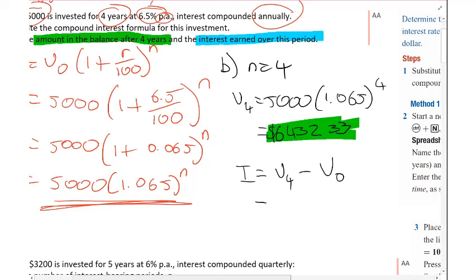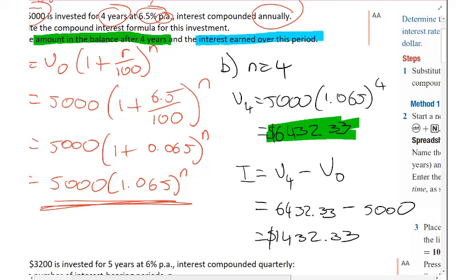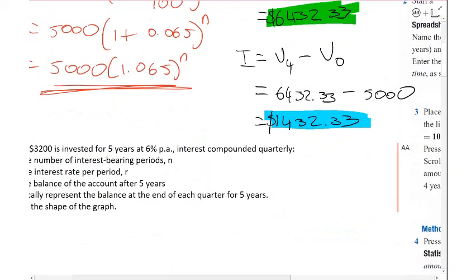And that's my V0. So I've got 6,432.33 minus 5,000. And I'm left with $1,432.33. So that's your answer for the second part. The first part's giving you in the green, the second part's giving you in the blue.